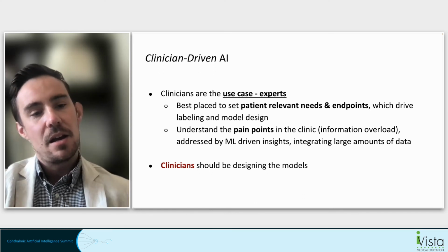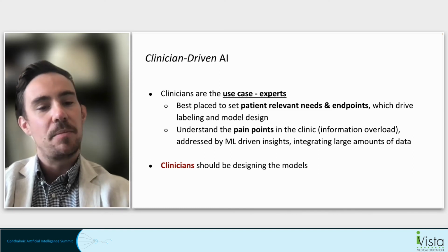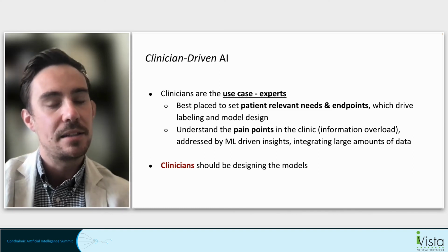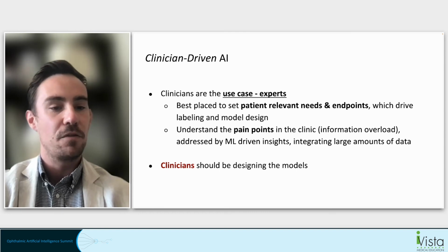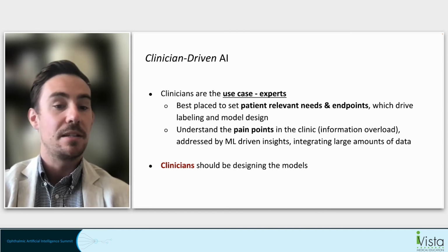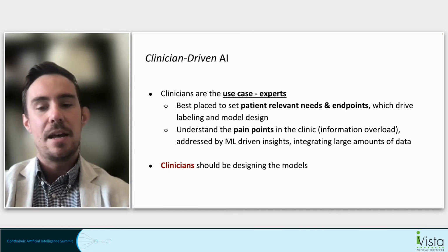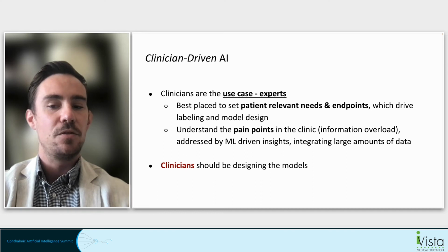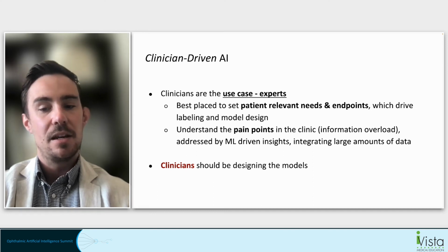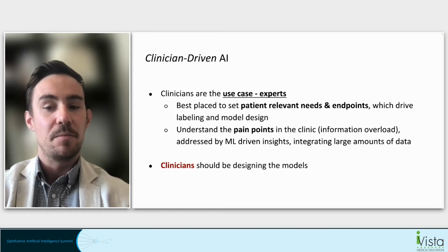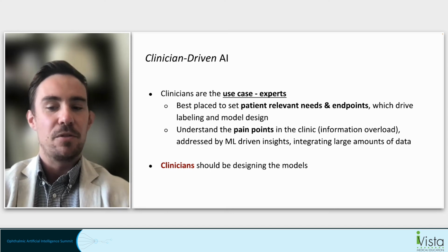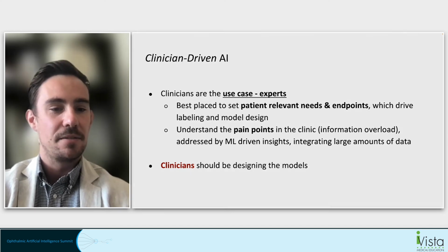And we actually understand the pain points in the clinic more as clinicians, and there's a lot of lower hanging fruit for data integration that can be presented to clinicians to allow them to spend more time with the patient. And so the thought is, if you address a real need, this will naturally drive implementation. So for example, no one needed to be pushed to use iPhones.